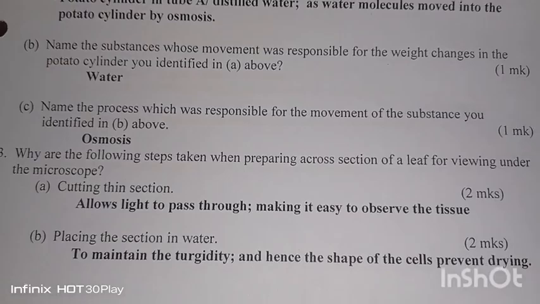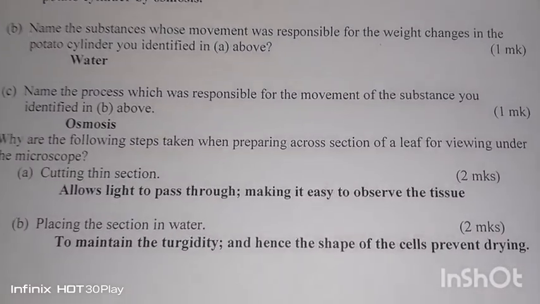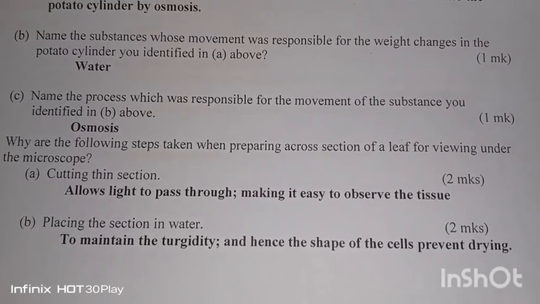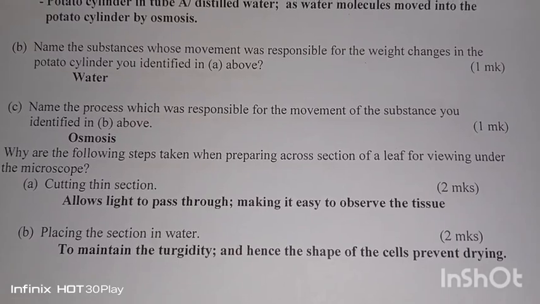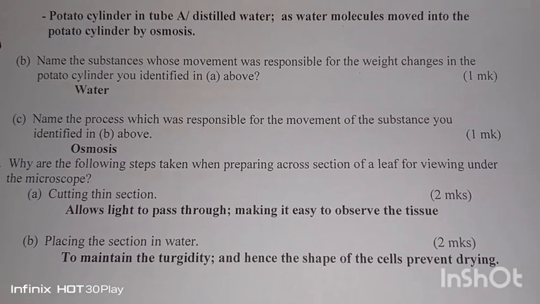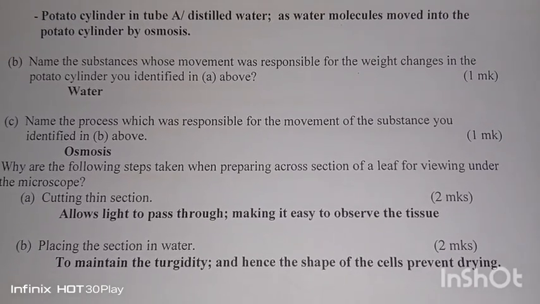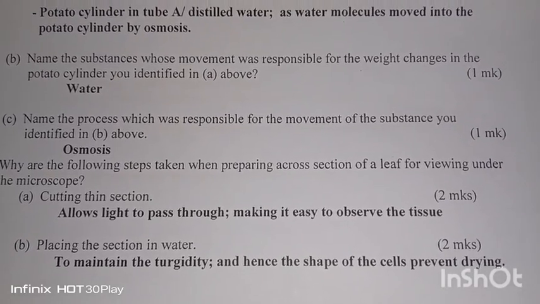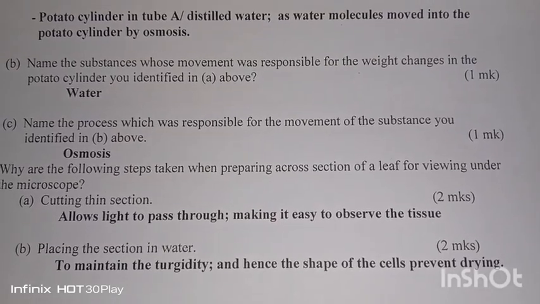Then you're given another question. Name the substance whose movement was responsible for the weight changes in the potato cylinder you identified above. The substance whose movement is responsible is water molecules. It's the water molecules moving to make the potato cylinder either heavier or lighter.